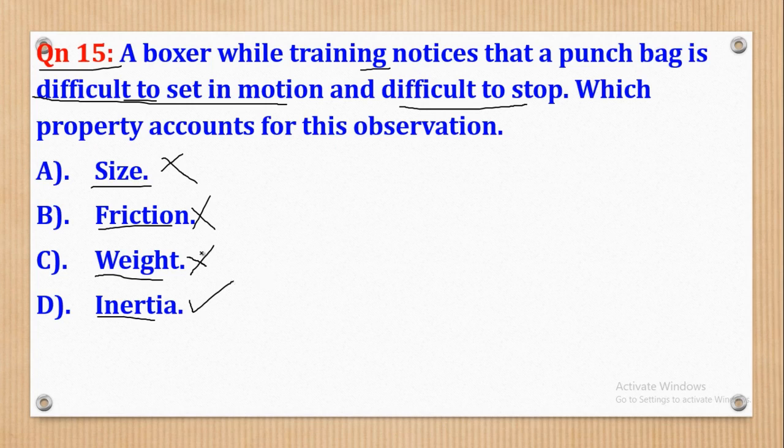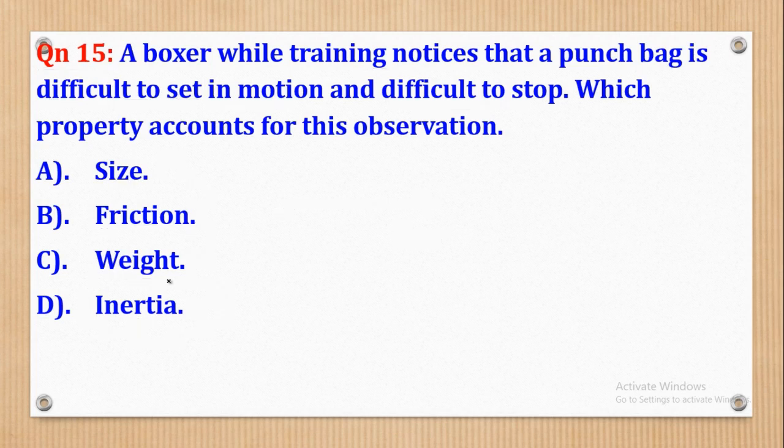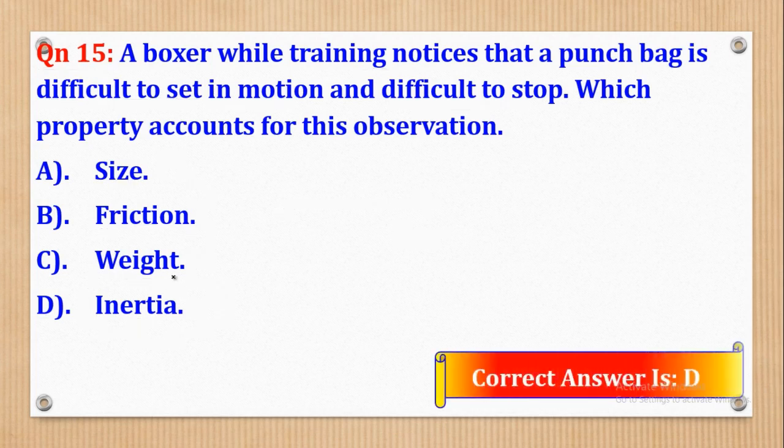So inertia says that if a body is in motion, it is reluctant to stop, and if it's stationary, it is reluctant to start moving. Therefore this punching bag is difficult to set in motion and difficult to stop because of that property called inertia. So the correct answer is D.